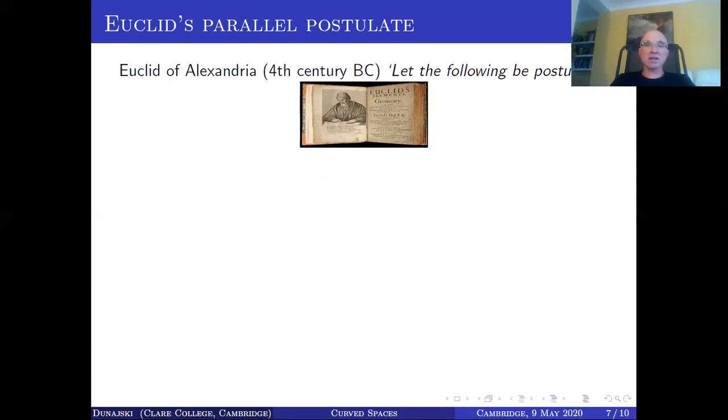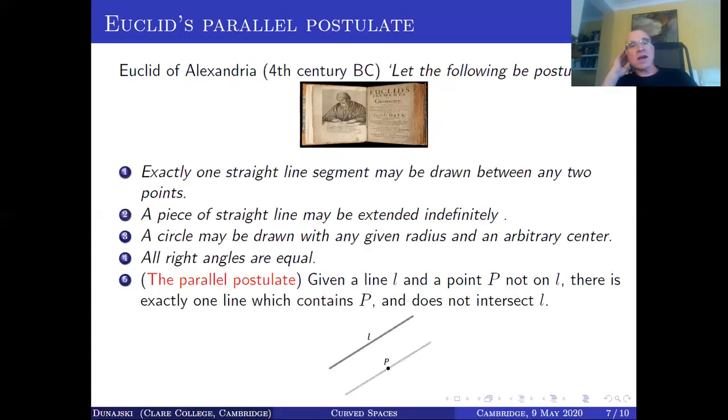First you define things and then you try to prove theorems about them. He wanted to axiomatize geometry and prove some statements about geometry from his axioms. And he formulated 5 of them, also called postulates.